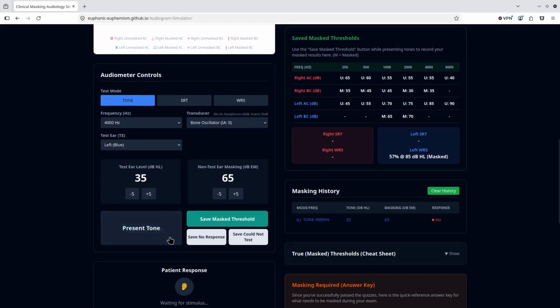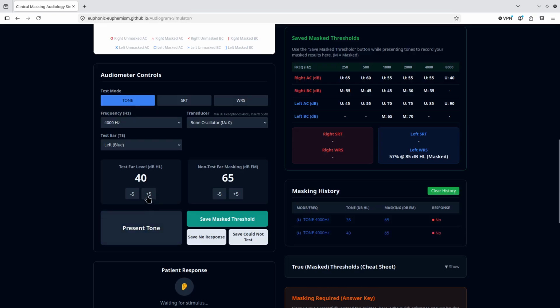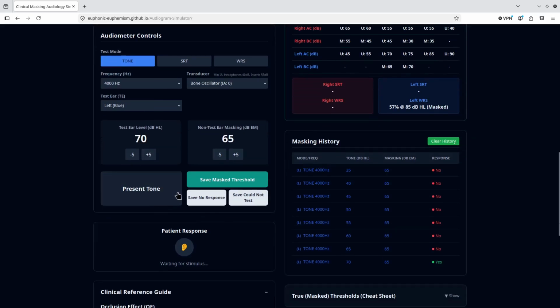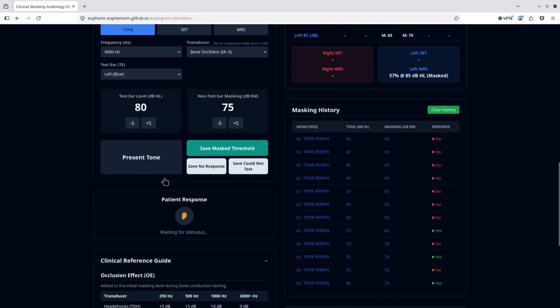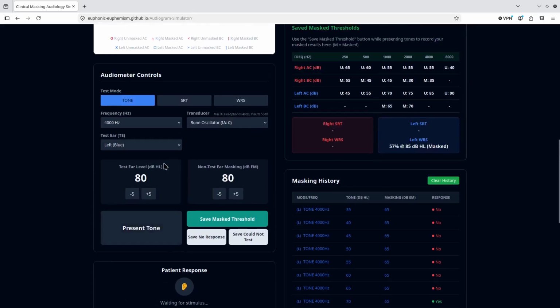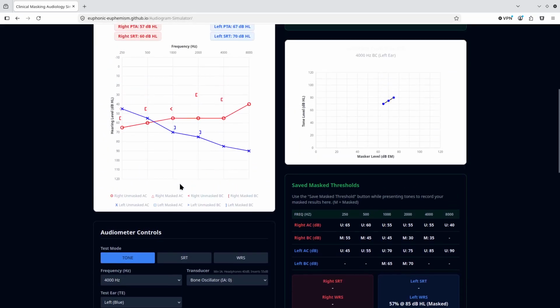Present the tone, no response, no response, no response. Got a response there. Let's try to plateau, no response. Got a response. Let's try to plateau. No response. Got a response. No response. I think we're starting to have an overmasking dilemma.